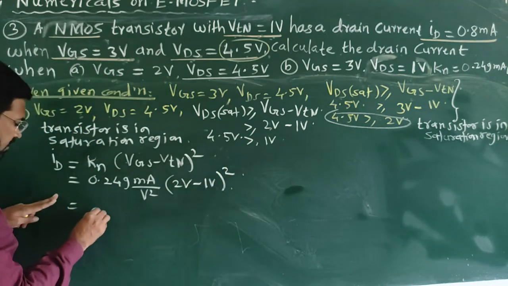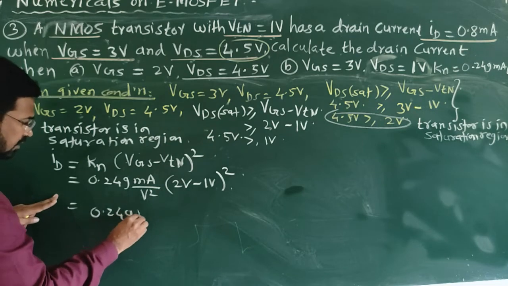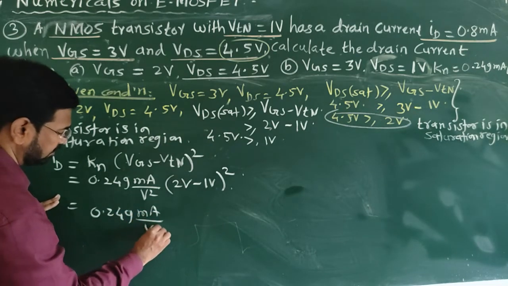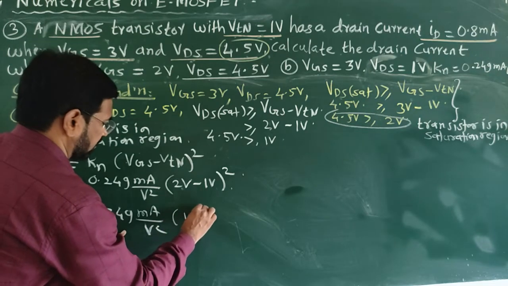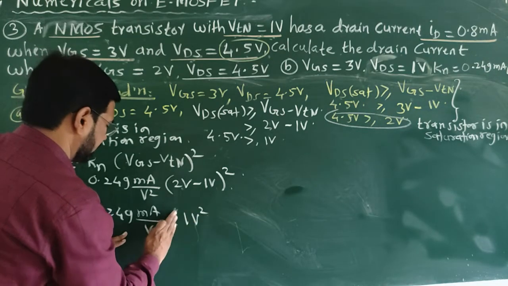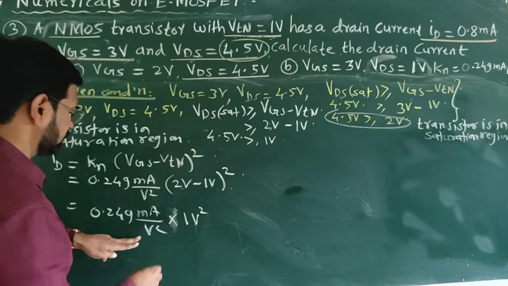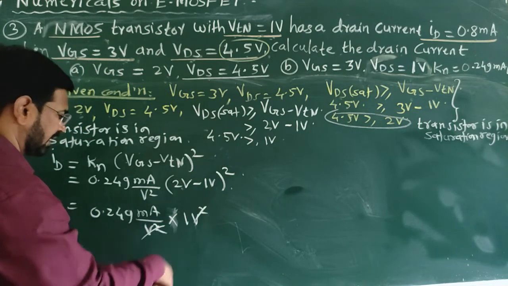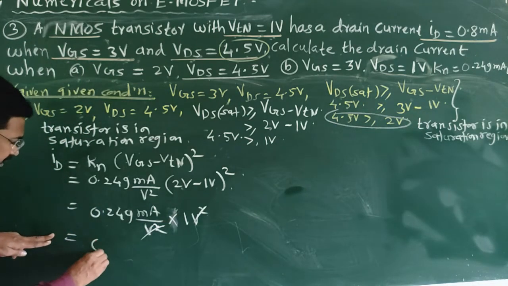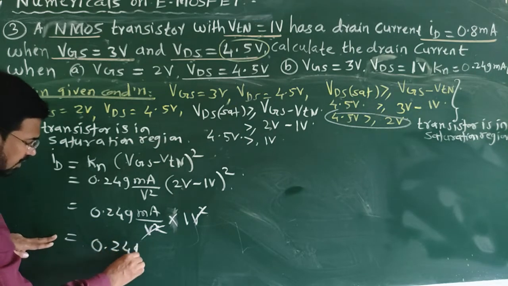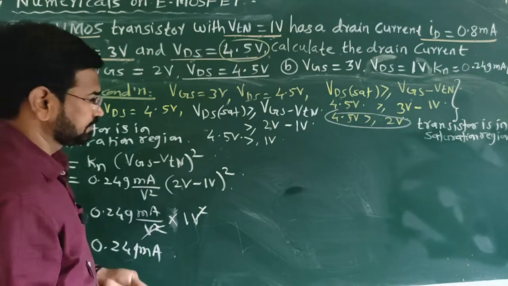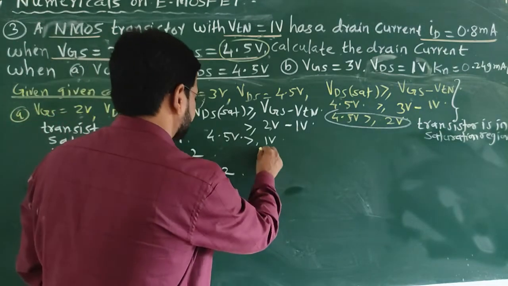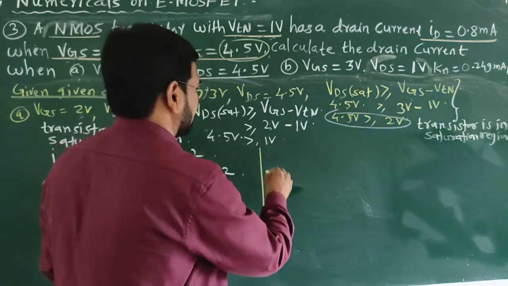So, it is 2 minus 1, which is 1 volt square, so no need to take bracket now. The square gets cancelled, so what is remaining is 0.249 milliampere, the drain current.